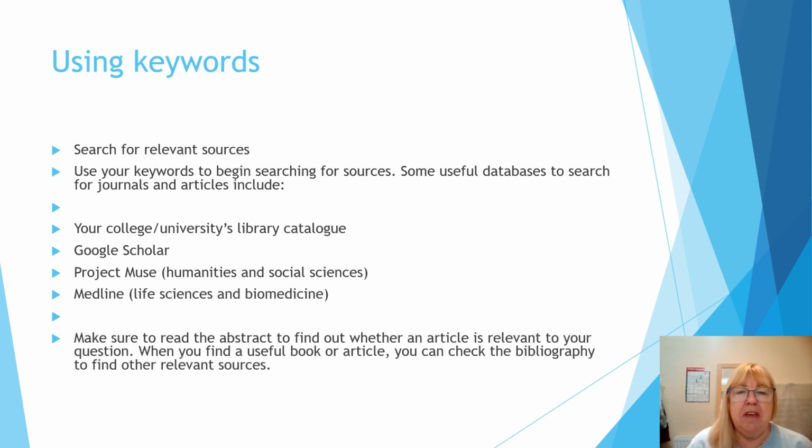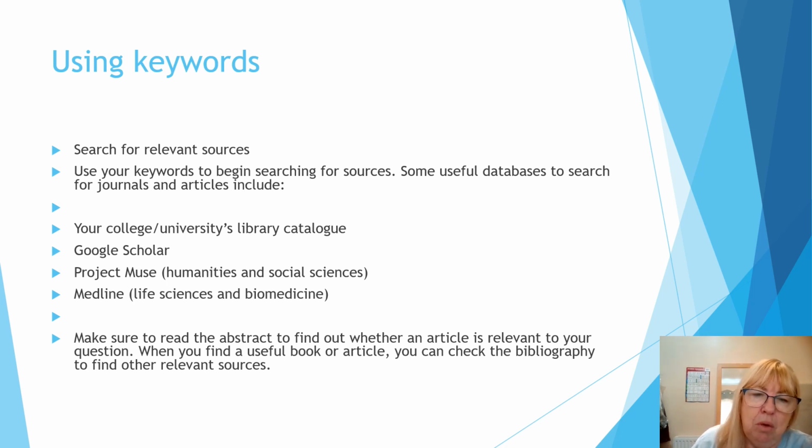So using those keywords, you can search for relevant sources. If you've got a college library to hand, then obviously you can use that catalogue by using your keywords. You can use something called Google Scholar, which instead of a very wide general Google search really only looks at academic text, so it can be quite helpful for you. And to find Google Scholar, you just Google Scholar, and that will take you to the right site.